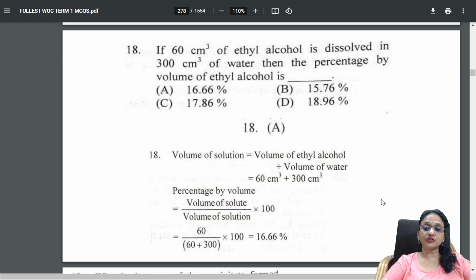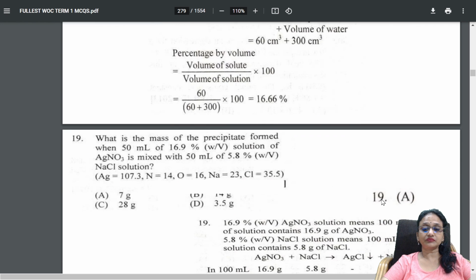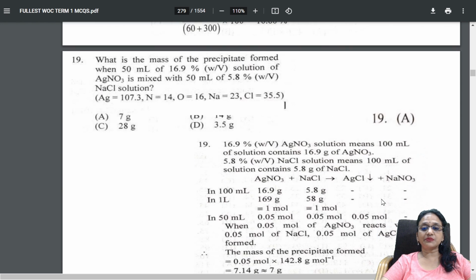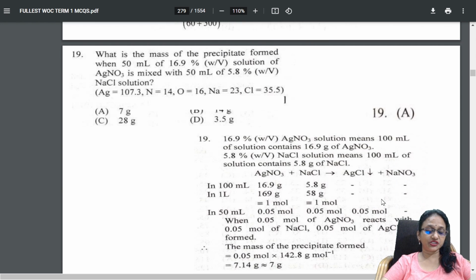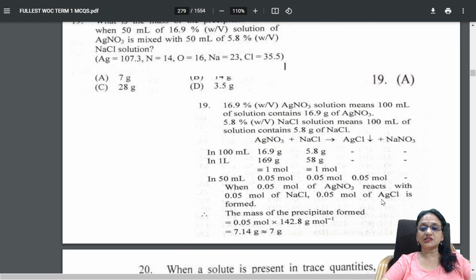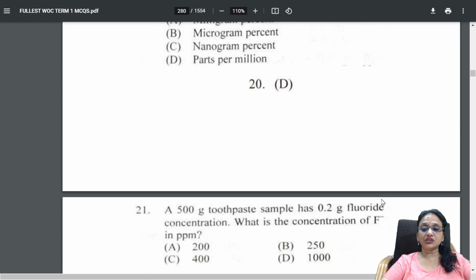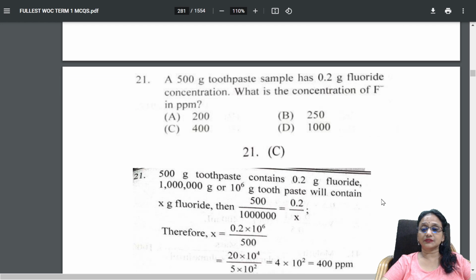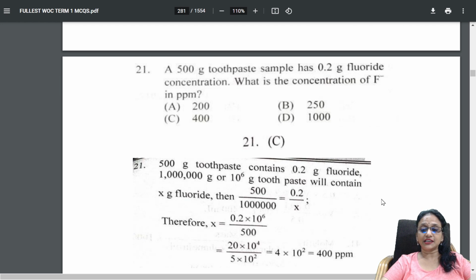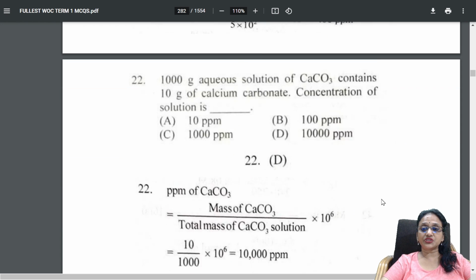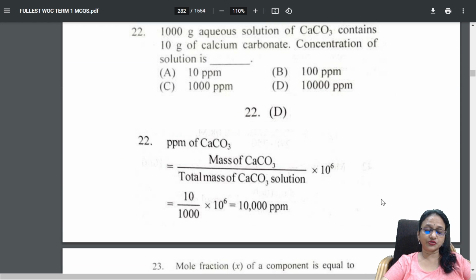In the exam, they're going to ask you these numericals. Some numericals are based on concentration terms, some on your formulas, and some on your colligative properties. One question is given, and its solution is given to you. So please check each and everything.